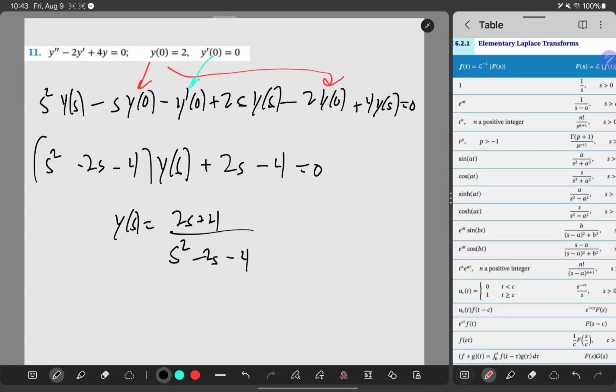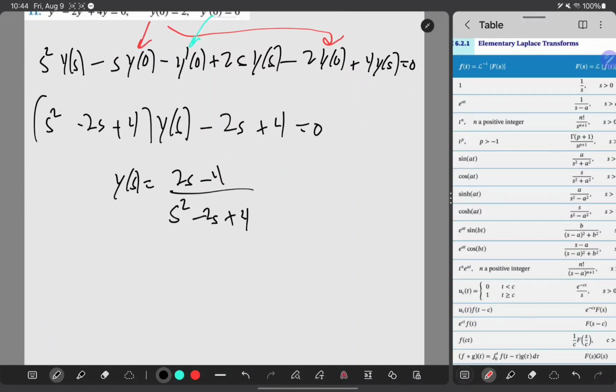So then this would be plus. That would be minus. Meaning this will still be minus. Okay, 2s minus 4 over this would be plus. Okay.